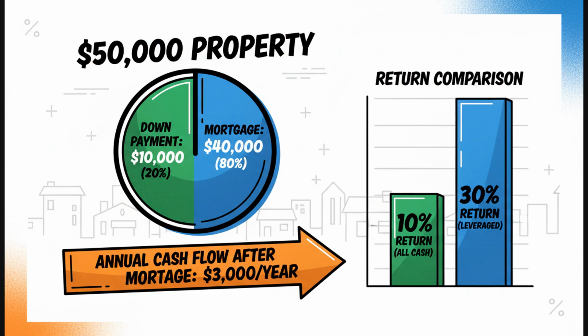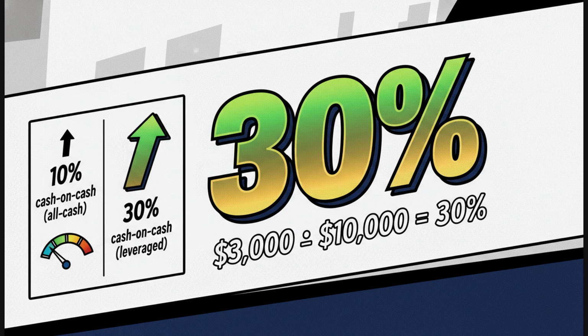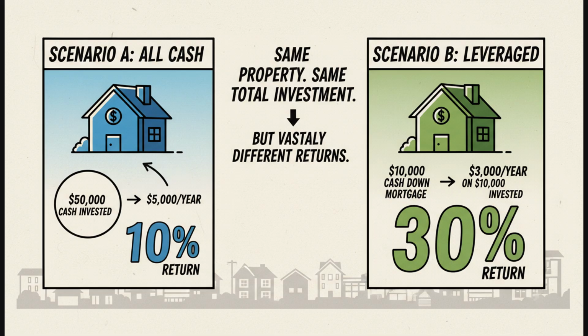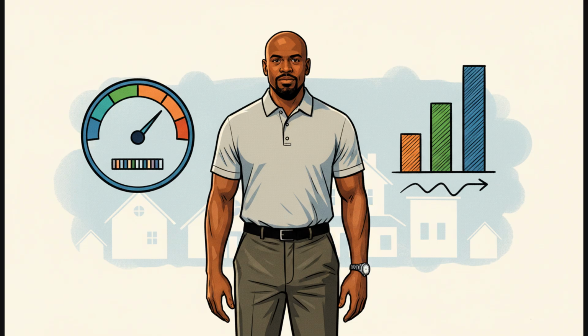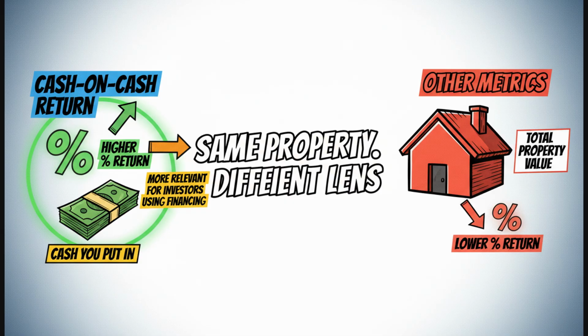Your annual cash flow is now $3,000 after the mortgage payment. 3,000 divided by 10,000. That's 30% cash on cash return. Same property, same total investment. Vastly different cash on cash return. You're using other people's money to amplify your returns. That's leverage. And cash on cash return captures this effect better than any other metric because it measures return on the cash you actually put in, not the total property value.